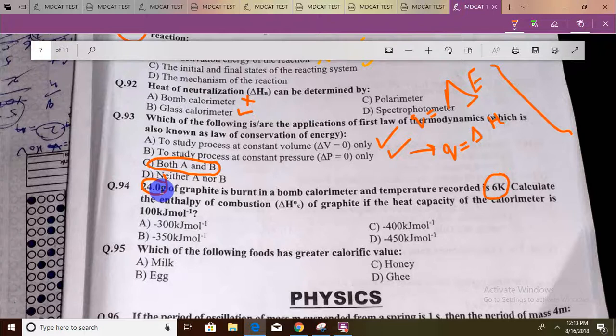And you have to divide by 2 because 24 gram is equal to 2 moles, and we want the value for 1 mole only. So there is this equation given in the book, which is S is small c into delta T, and this small s is basically the heat capacity, and if it's the specific heat capacity only, then you need to take the mass into account.